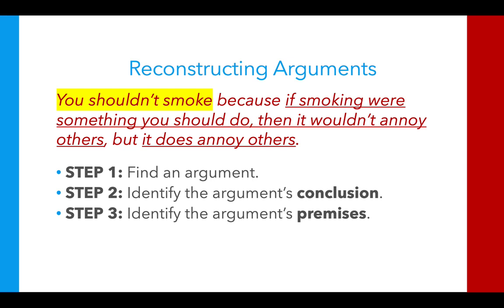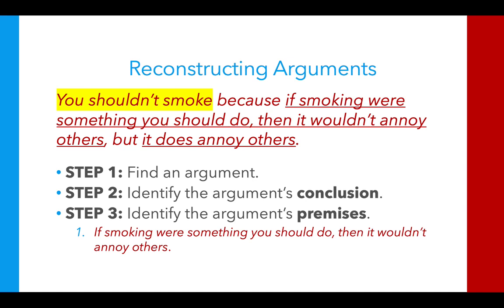Figuring out exactly where to break up these sentences or statements, propositions, sorry, is kind of tricky, but it should be relatively simple. I'm going to try and make it relatively straightforward for you. Okay.